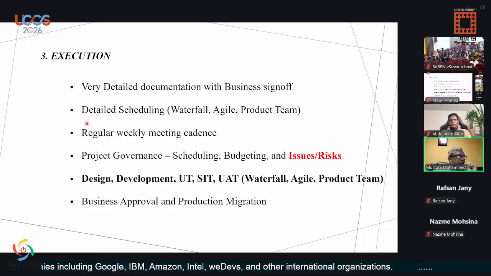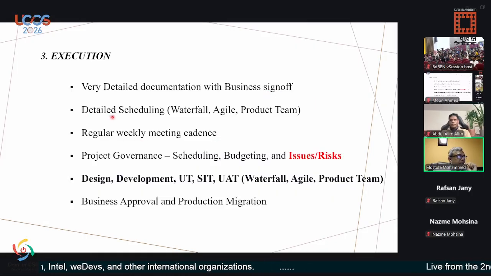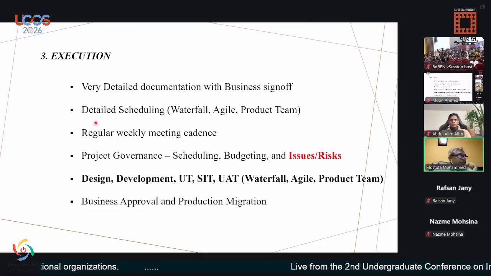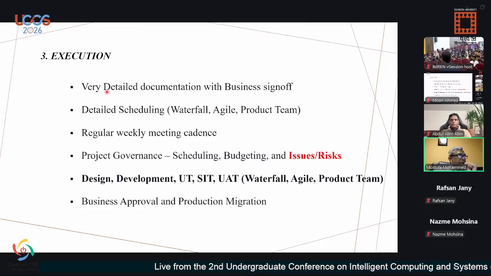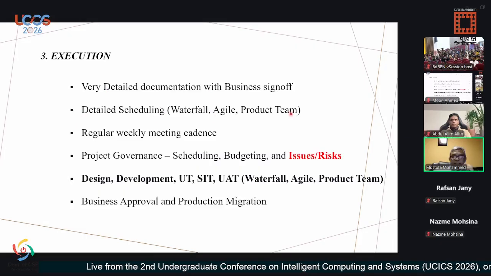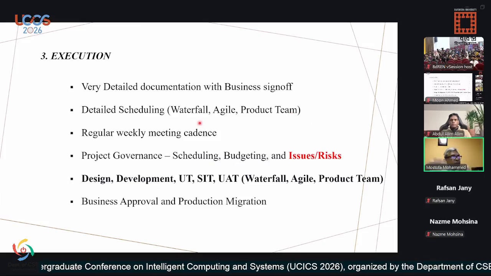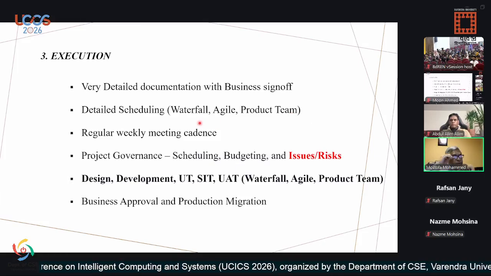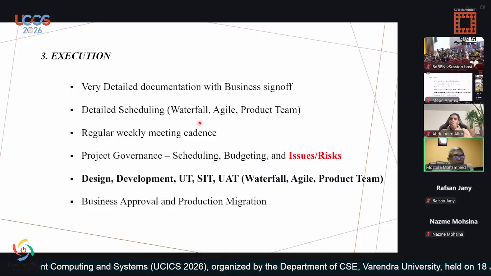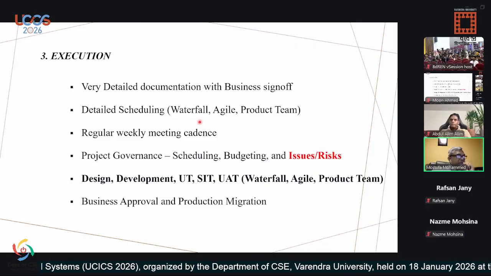At the same time, based on the scope, the project team along with the project manager or the lead takes care of the detailed scheduling based on the scope and the project delivery methodology. When you work in IT, you will know that there are different methodologies used to deliver a project.